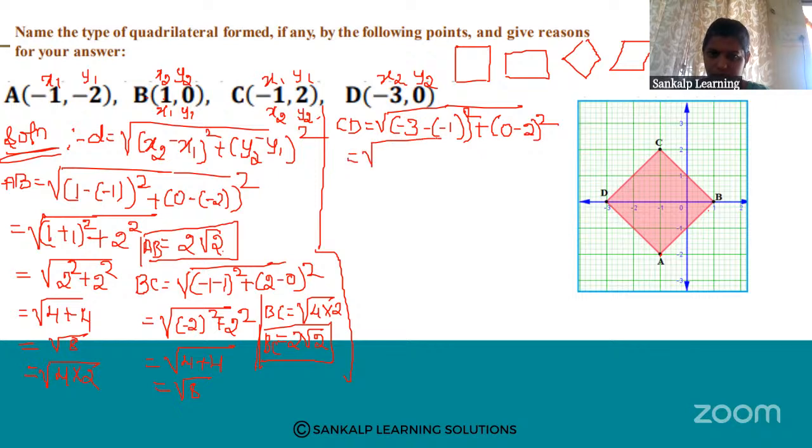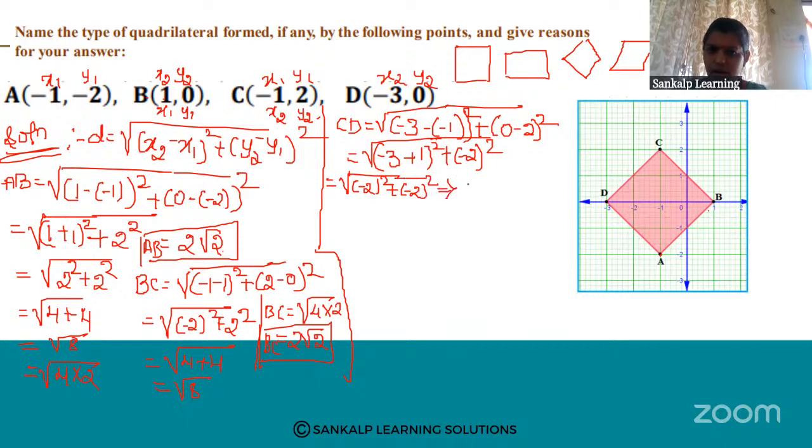So minus 3 minus into minus is plus 1, whole square, plus 0 minus 2 is minus 2, whole square. Now, minus 3 plus 1 is minus 2 square plus minus 2 square.